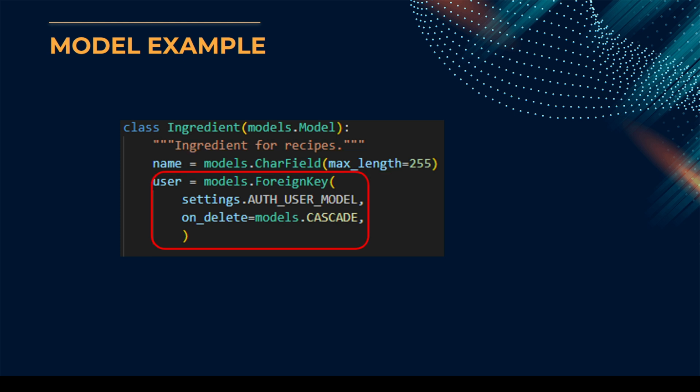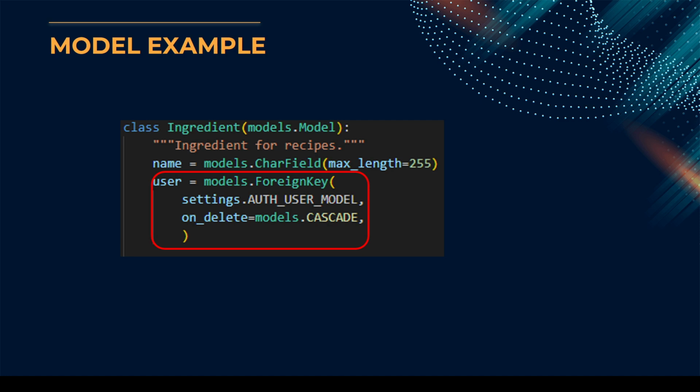Then we have a foreign key field for the user. This essentially creates a relationship. Each ingredient is associated with a user, and each user can create multiple ingredients. There's data stored with each ingredient that indicates which user it belongs to. As you can see, it's defined as a foreign key, which is Django's way of establishing a relationship with another table that we are going to create.